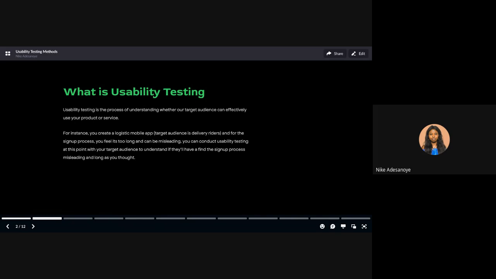So I'm explaining usability now. I would say usability is you interacting with a system or your computer, right? You're interacting with your computer and you are able to achieve a particular goal. That is what usability is. So let's say I come on my system and I want to go on Figma, for instance.